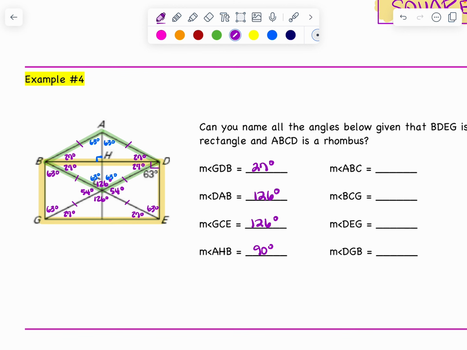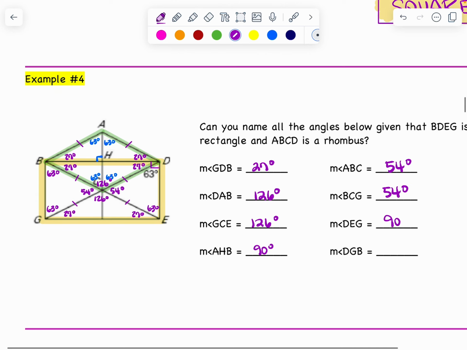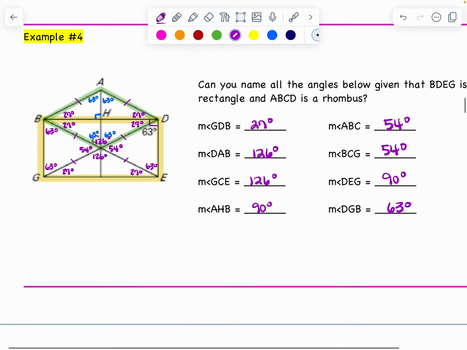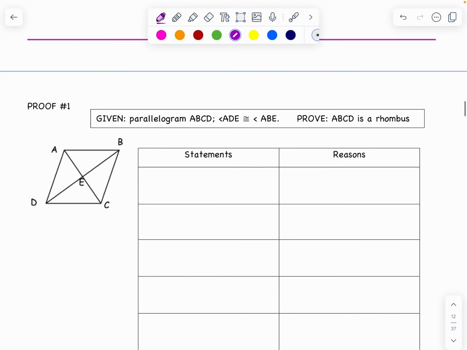That's in the middle of our rhombus. And then we have ABC, which is 54. BCG, also 54. DEG, 90, right? That's one of the corners of our rectangle. And DGB, 63. All right.